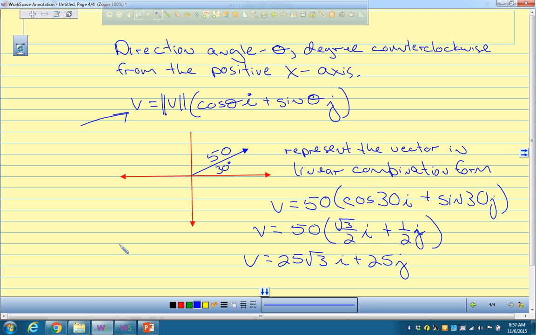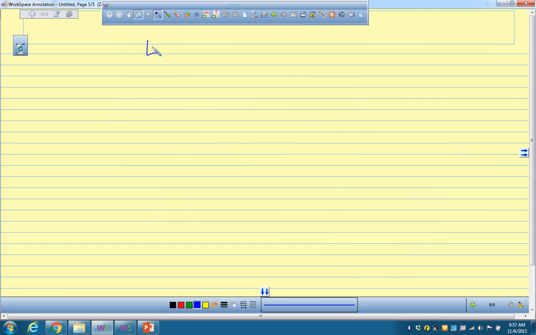So sometimes they want you to go backwards, okay? So it turns out when you're talking about direction angles that tangent of theta, if you have a vector in component form, so if, I should have written this first, but if V is equal to AI plus BJ, okay?